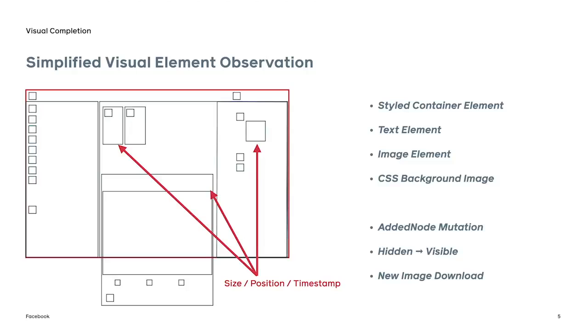They can consist of text elements or image elements under their parent containers. If some images are downloaded separately from their container, then they will be reported as a separate visual change. So we can build a DOM mutation tree data structure that contains the size, position, and timestamp of each rectangle.